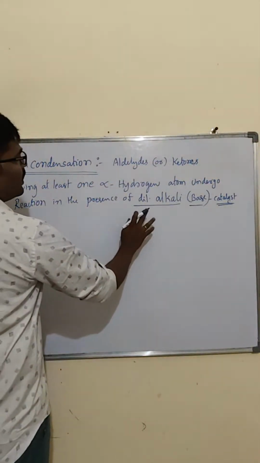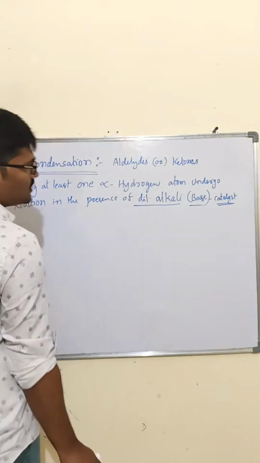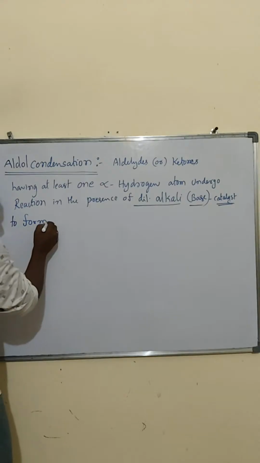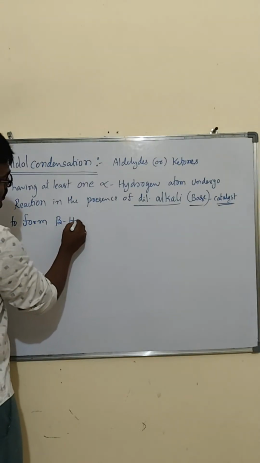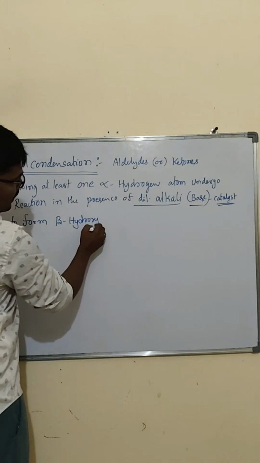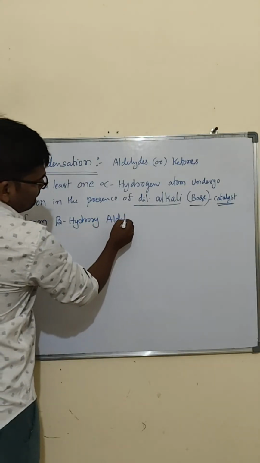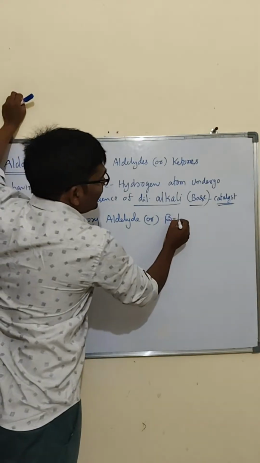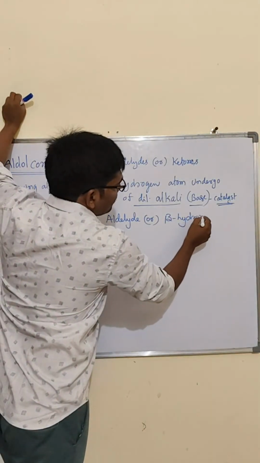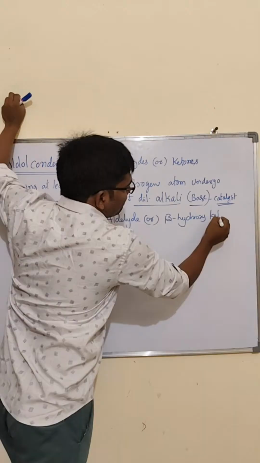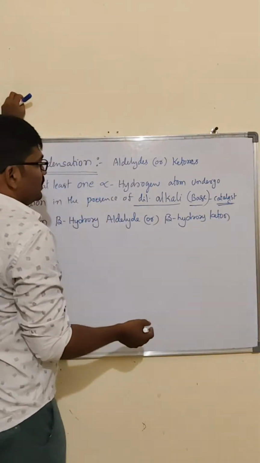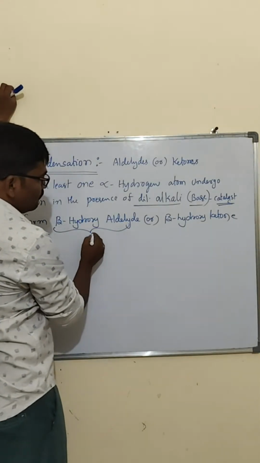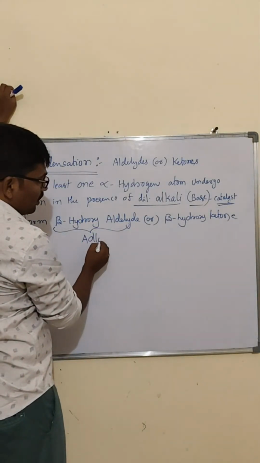So in the presence of alkali, in the presence of a base, to form beta hydroxy aldehyde or beta hydroxy ketone. Remember, this beta hydroxy aldehyde or beta hydroxy ketone only we call aldol.